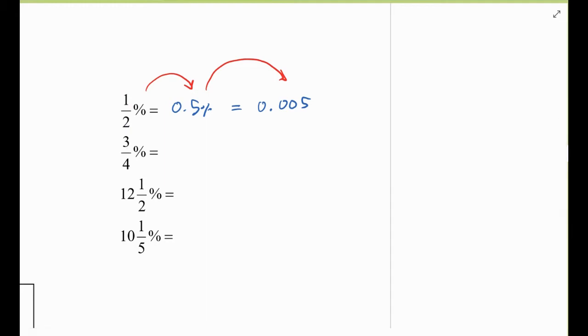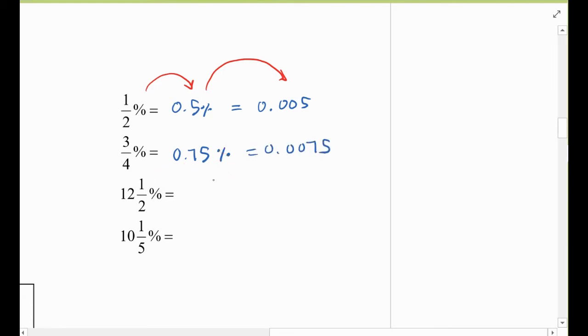3/4%. What is 3/4 in decimal? If it is confusing, use your calculator. 3/4 is 0.75, is that right? So that's 0.75% if you change that to a decimal percent. And again, you remove the percent sign, move 2 decimal places, and that becomes 0.0075.